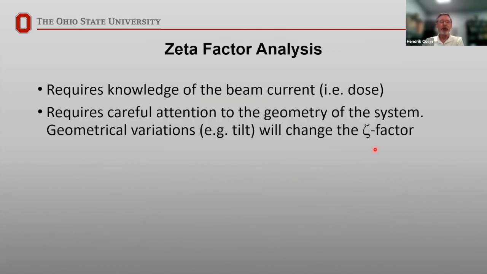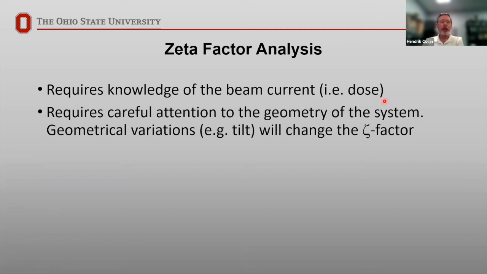But it does require that you be able to measure your beam current very precisely. So most of the TEMs do not have built-in Faraday cups where you can measure that easily. Some of the EELS spectrometers enable you to do that, but it's something that's difficult to get in most TEMs.